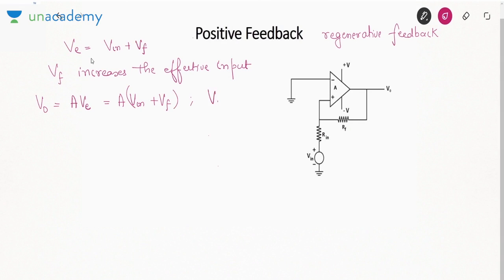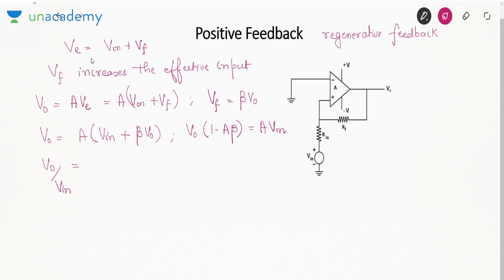But we know by feedback VF is always beta V naught, where beta is called the feedback factor. So V naught is A Vin plus beta V naught. Collect the terms of V naught on the left hand side. 1 minus A beta times V naught is A Vin, which means the gain of the amplifier V naught by Vin is A by 1 minus A beta.